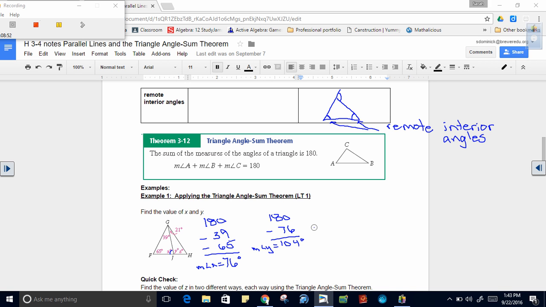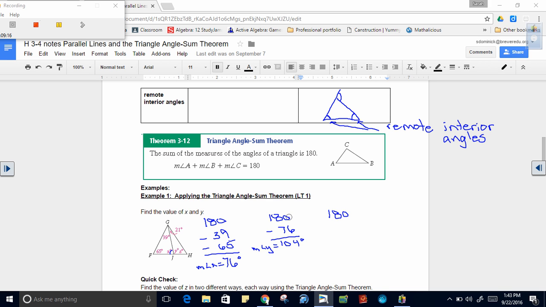And then finally z. You could find z by either looking at this small triangle on the right, because we've now solved for y, or if you prefer, you can look at the large triangle and add 39 and 21 to get this angle here, 65. So since we're talking about triangles, I'll do that. There's 180 degrees in a triangle.